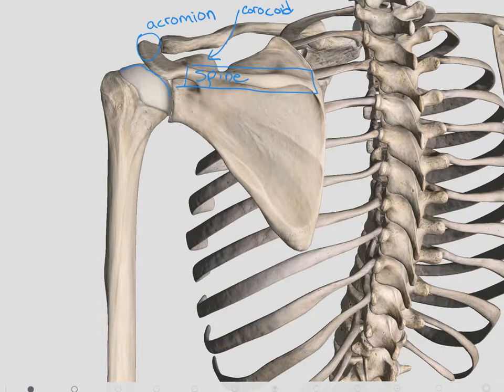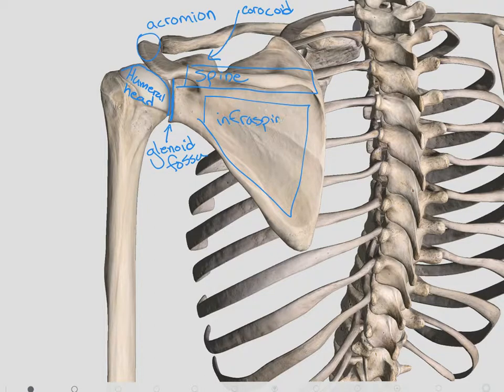Here we see our humeral head, and it articulates with the glenoid fossa. When we look at the posterior side of the scapula, everything underneath this spine is called the infraspinous fossa. And then everything on top is called the supraspinous fossa.